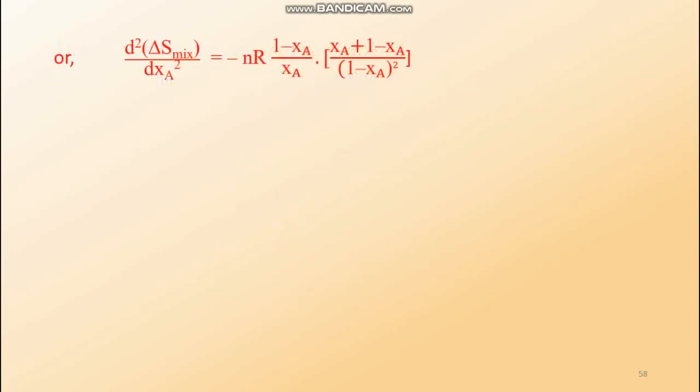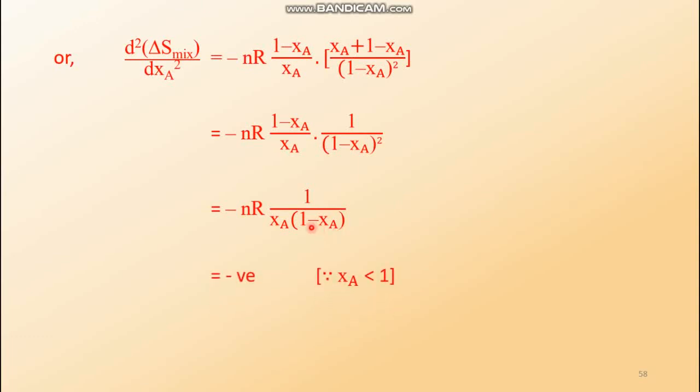The LCM of the denominators is 1 minus XA whole square, and in the numerator you get XA plus 1 minus XA, resulting in minus NR times 1 minus XA by XA times 1 by 1 minus XA whole square. So these two would be cancelled with each other, and only 1 minus XA would be left in this equation. Now this term is negative because XA is less than 1, so 1 minus XA is positive. And since NR is negative, overall this is a negative term. That means the double differentiation is negative.